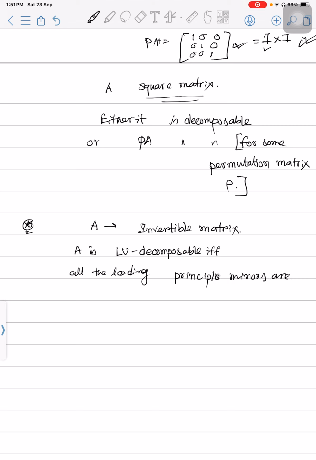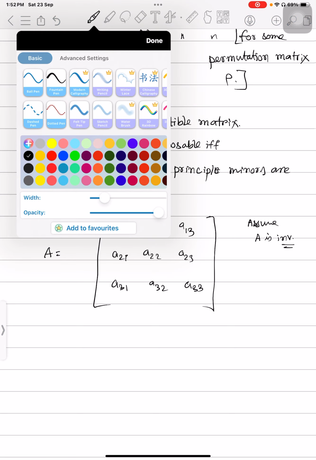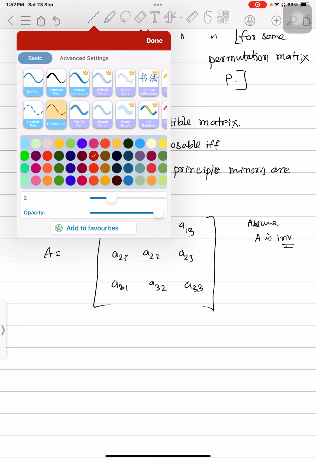So if you start with this matrix, let's say A11 A12 A13, A21 A22 A23, A31 A32 A33. Let's assume A is invertible, basically the determinant of which doesn't equal 0. And what are they saying?